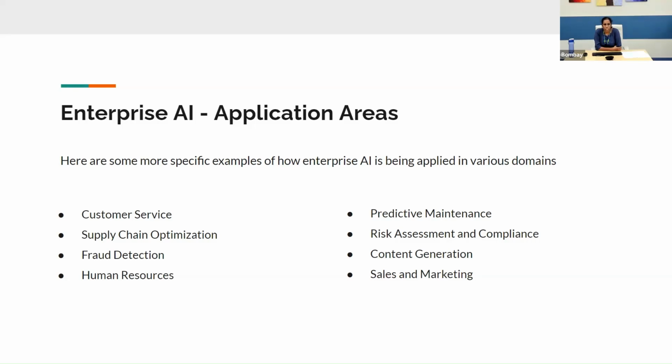Customer service. As I said, voice assistants can be used, chatbots can be used. All these can provide a great customer experience. And supply chain optimization. This is for demand forecasting.